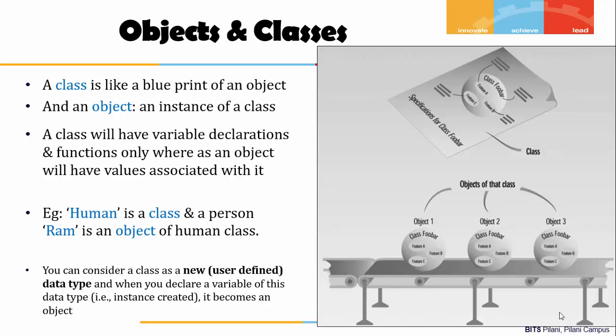You can consider a class as a new user defined data type. And whenever you declare a variable of this data type, that is an instance of the class, it will be an object.